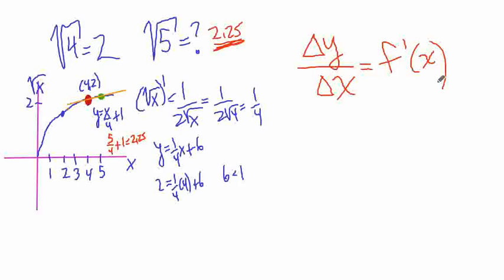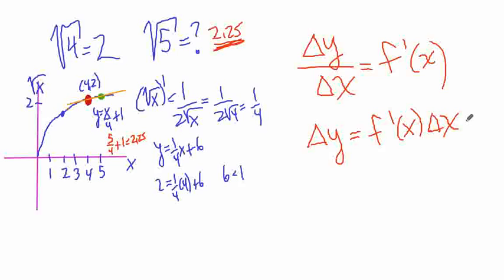We can find the change in y between the red and green dot, that's delta y. If I cross multiply with the equation that I just wrote down, I get f prime times delta x. And so now this gives me the change in y along the tangent line, not along the square root graph.